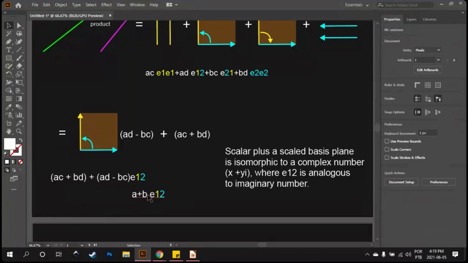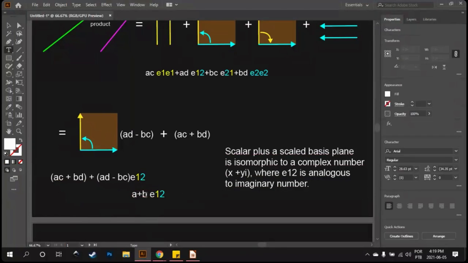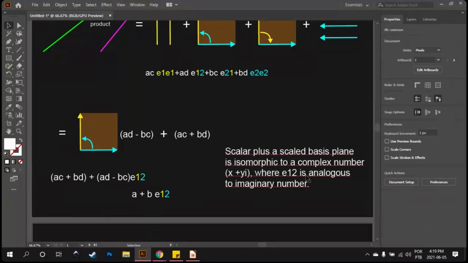They always yield this form, which you've seen with the projectors and so on. Mm-hmm. As far as I know, this is the original definition. What happens is that the E2 bivector, the basis plane, is analogous to the imaginary number, in the sense that it rotates any vectors that you multiply it with.